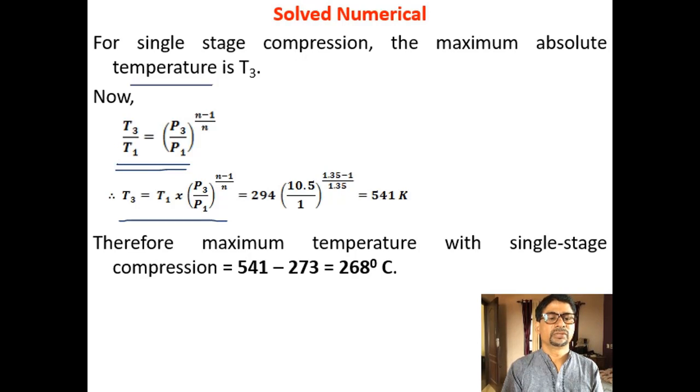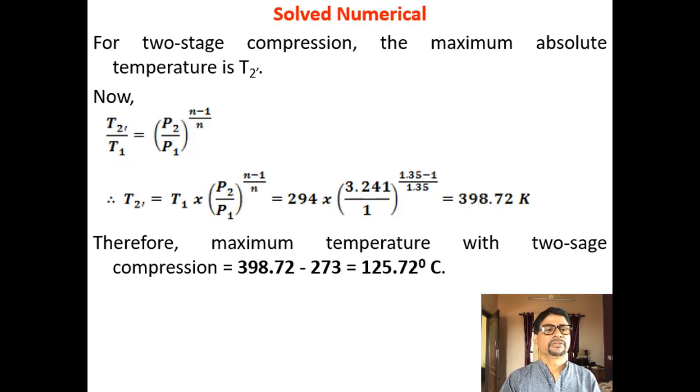After substitution, T1 is 294, P3 by P1 is 10.5 by 1, to the power n minus 1 by n. So you'll get 541 Kelvin. Because 294 is in Kelvin, the answer is also in Kelvin. So the maximum temperature with single stage compression is 268 degree Celsius, because 541 Kelvin is nothing but 268 degree Celsius.